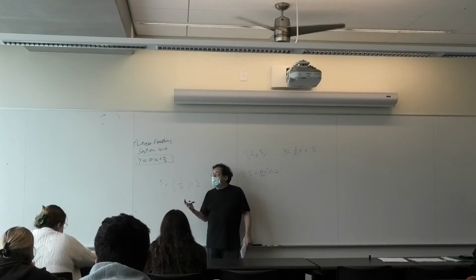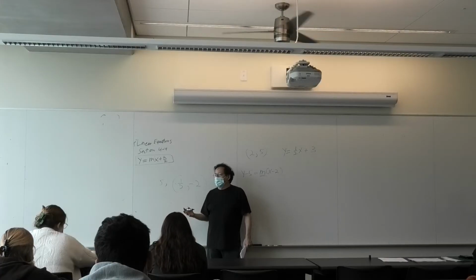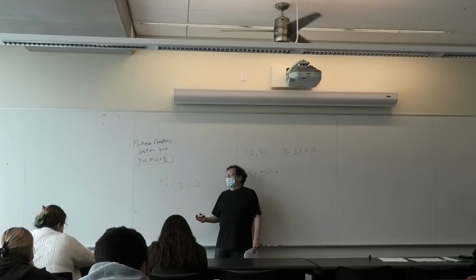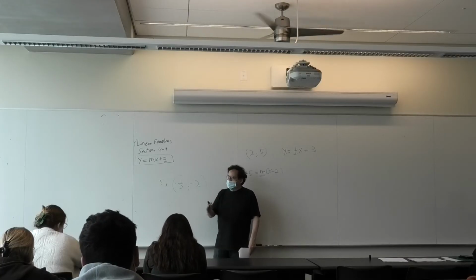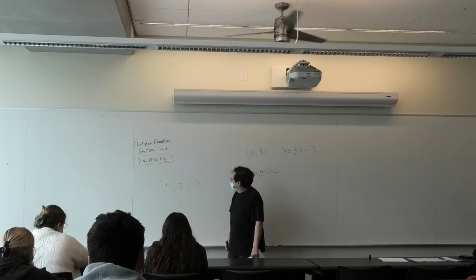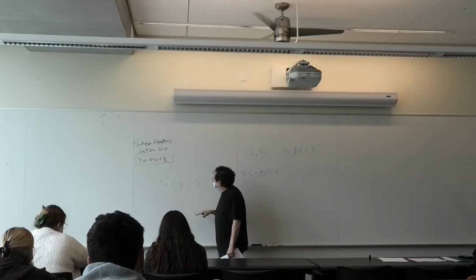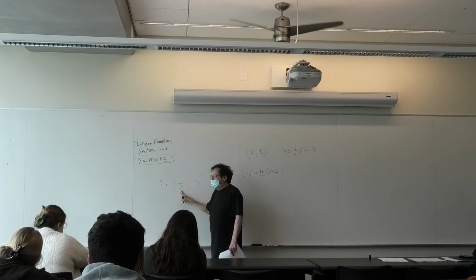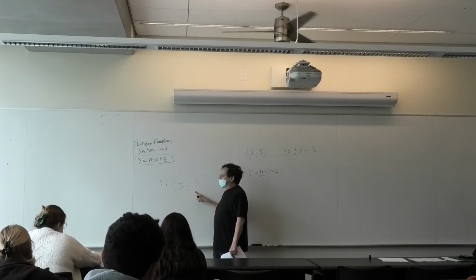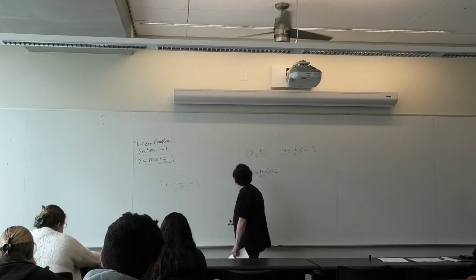Negative reciprocal. If you don't like that word, negative flip, you can make up your own word. You can write it on the test, and if I can figure out what you mean, that's fine. Yeah, negative reciprocal. So if you have a line with slope 1/2, the perpendicular line will have slope -2.